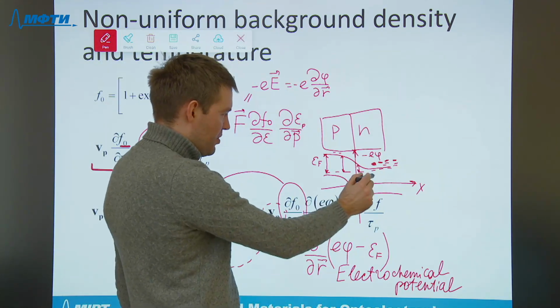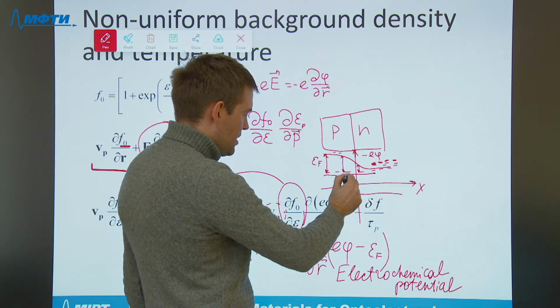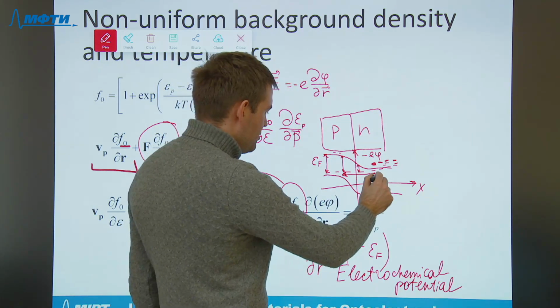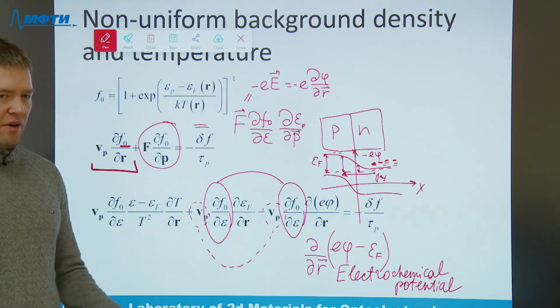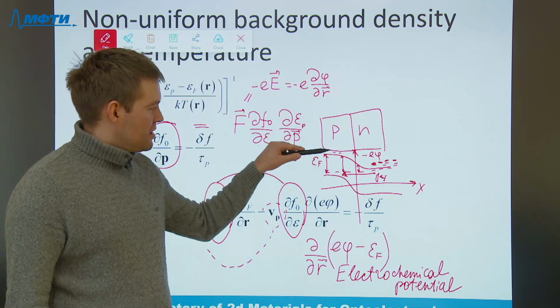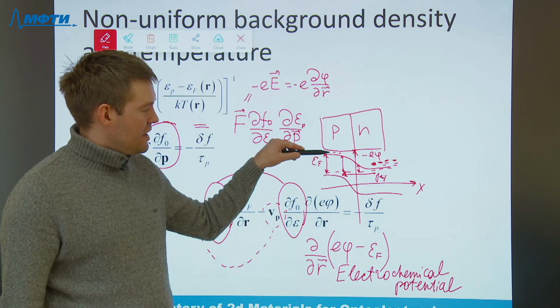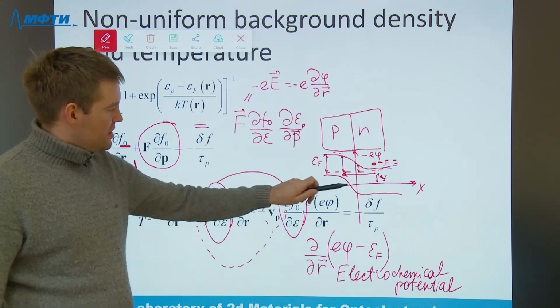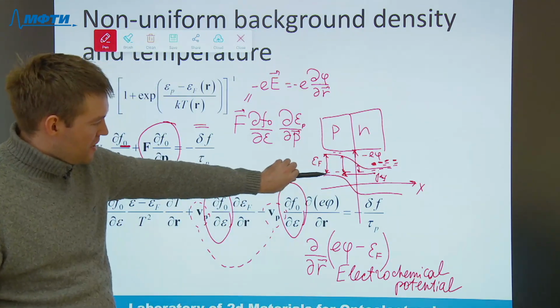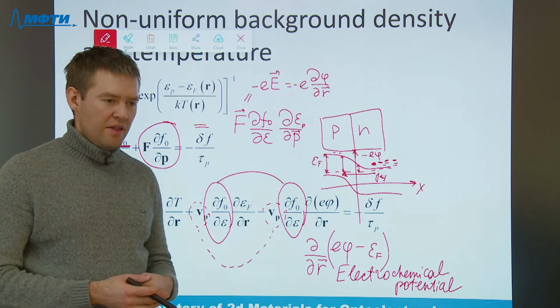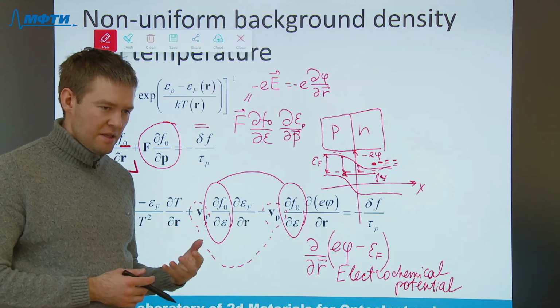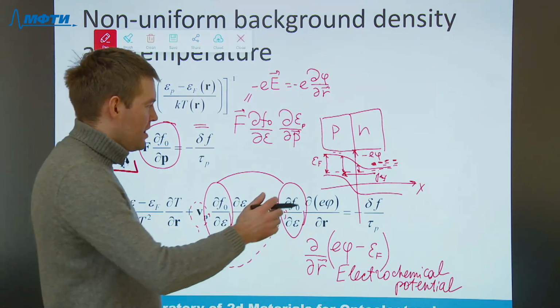So looking at this profile of carrier density, you expect the diffusion flux to be directed from the enriched region to the region where the electrons are very limited. So the diffusion flux would be directed to the left, but there should be a counterbalancing flux due to the electric force.